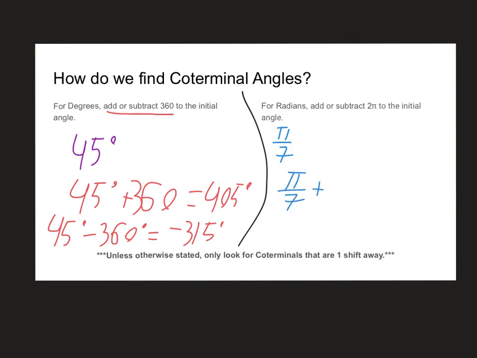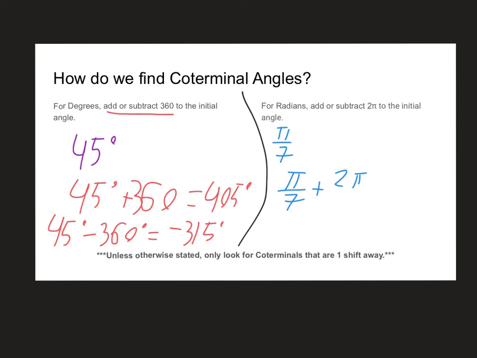But 2 pi and pi over 7 don't have the same denominator, so I need to convert 2 pi into a fraction with a 7 in the denominator.